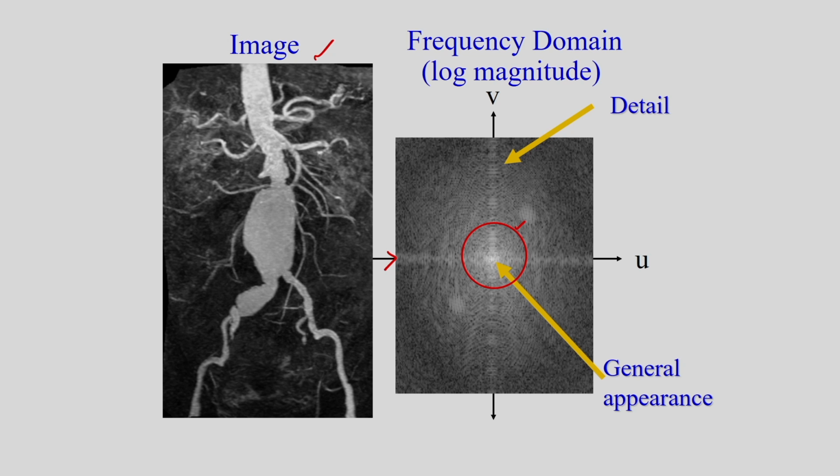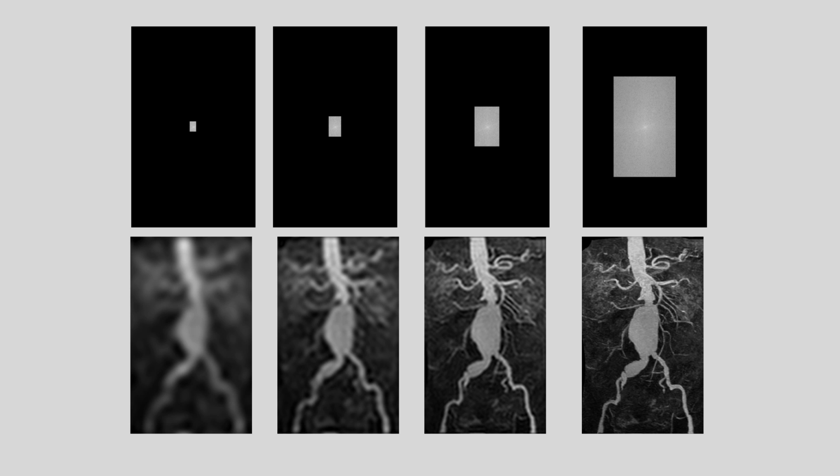And if I consider the outside portion like this, this portion or this portion or this portion, it gives the fine details of the image, like the edges, boundaries, or fine information of the image.